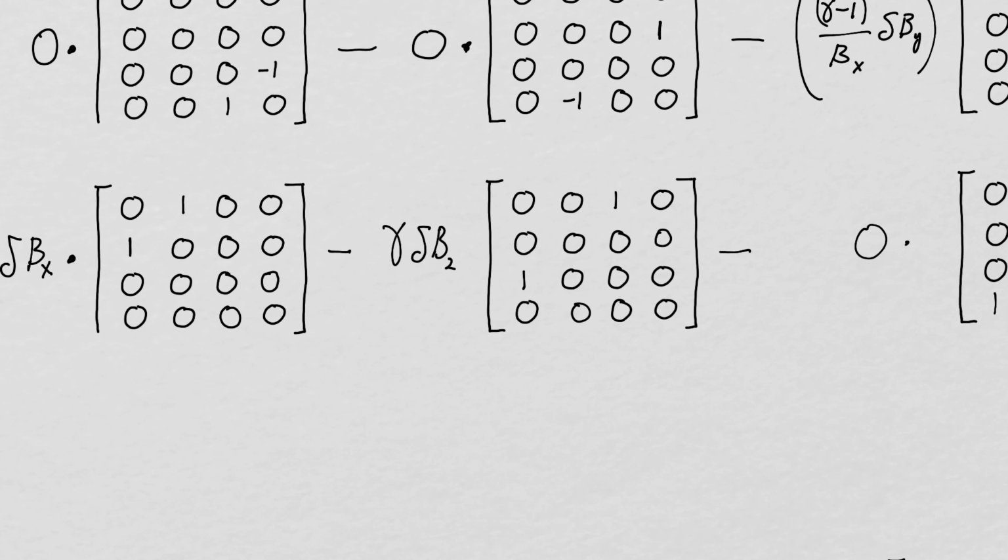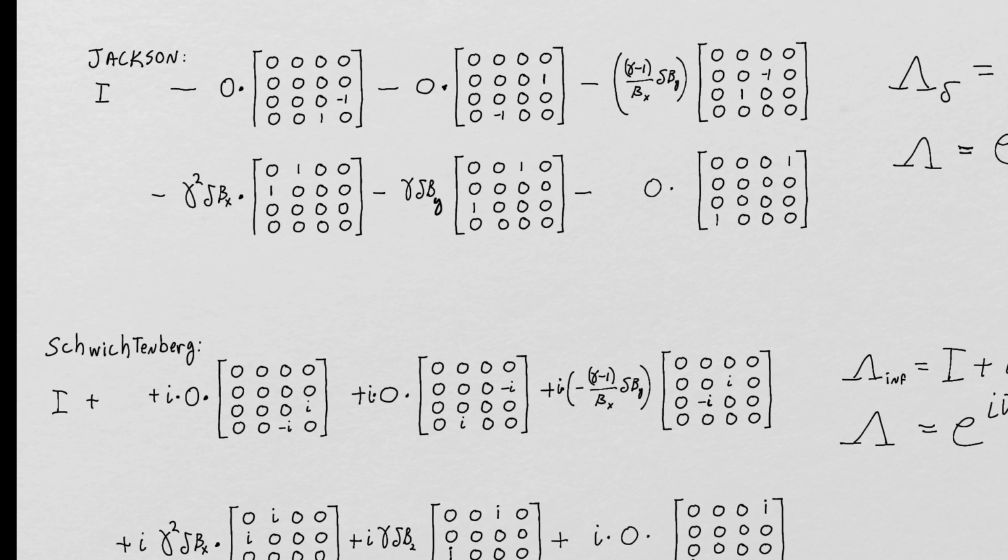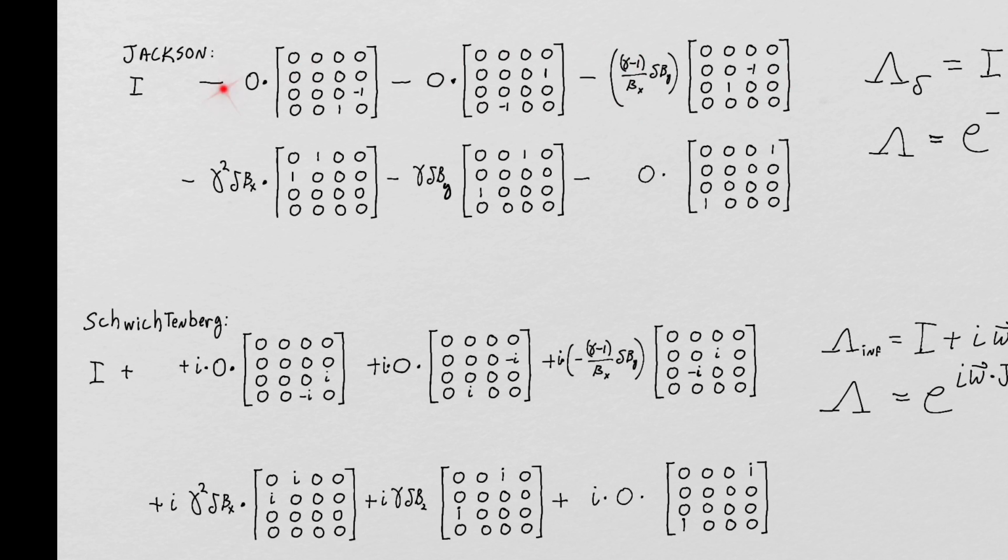I have a 2 there. I'm mixing the notations up, but this should be a y. And then there's no boost in the z. So this is how we make the infinitesimal matrix using the Jackson convention.